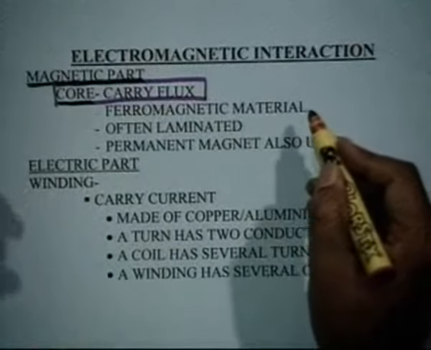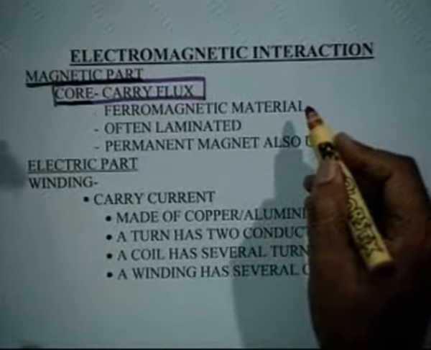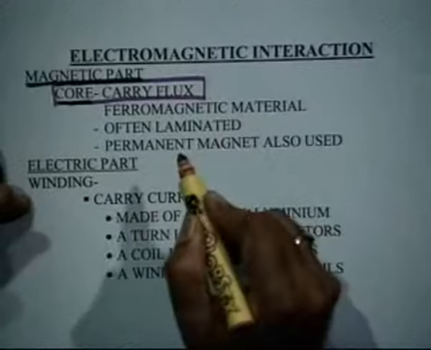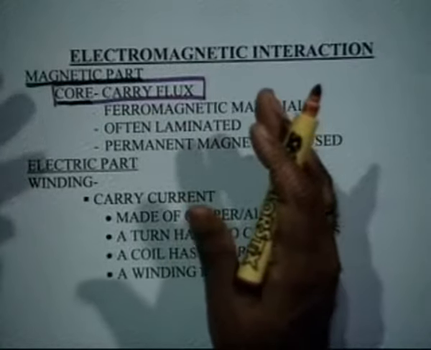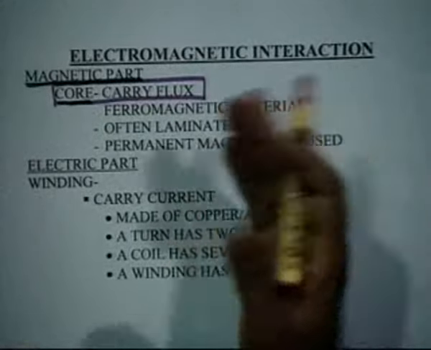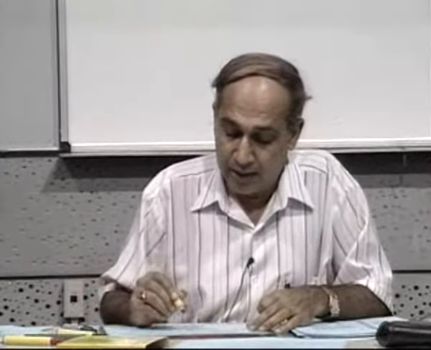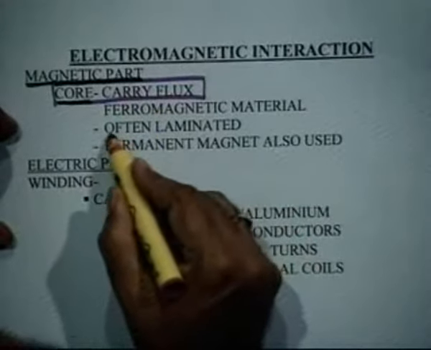It must have good properties. What property do you expect? It must have a high permeability and low loss. So we use ferromagnetic materials. They are typically iron alloyed with some other materials like silicon, silicon steel. These are high quality alloys actually. They are often laminated.